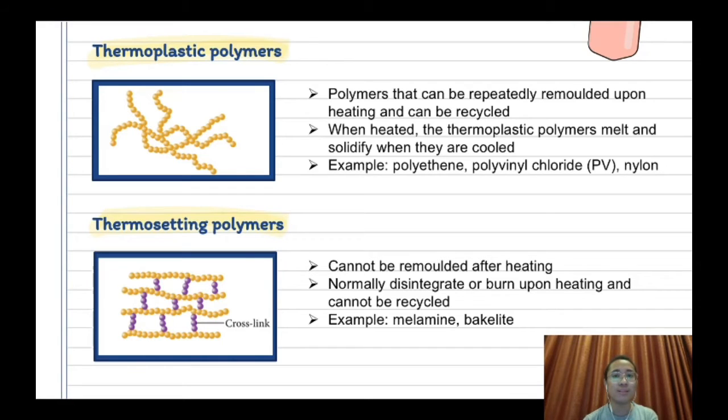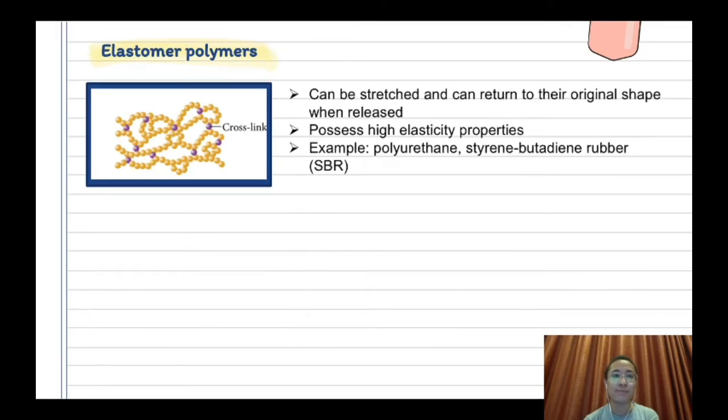Examples of these polymers are polyethylene, polyvinyl chloride, and nylon. For the thermosetting polymers, they cannot be remolded after heating, and they normally disintegrate or burn upon heating and cannot be recycled. The examples are melamine and bakelite.